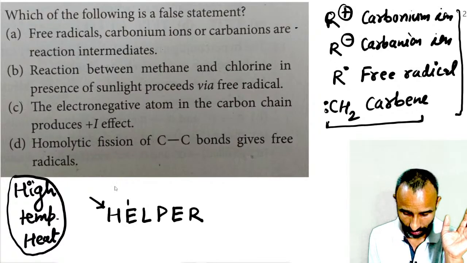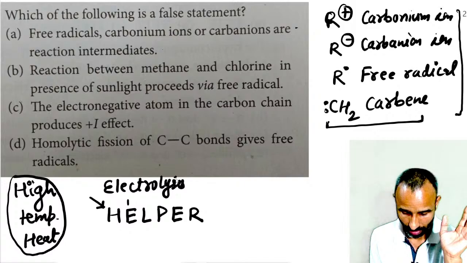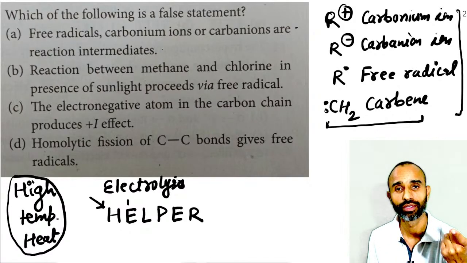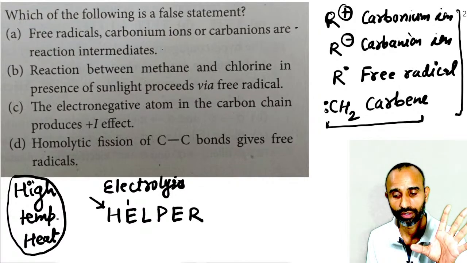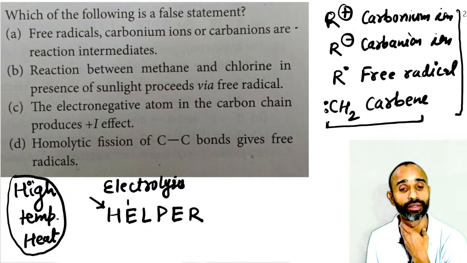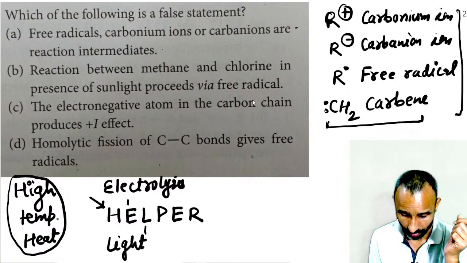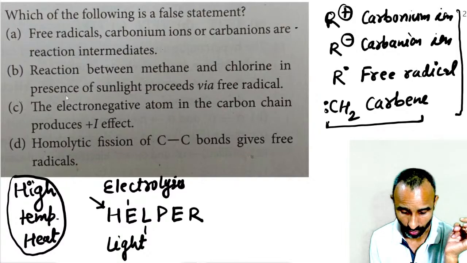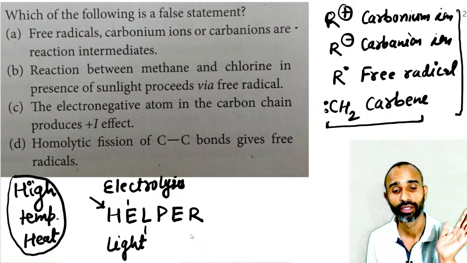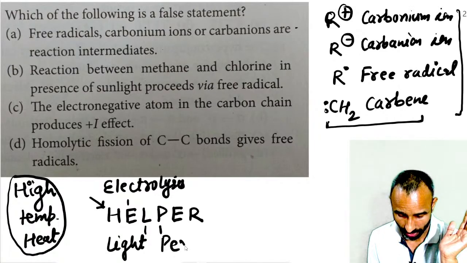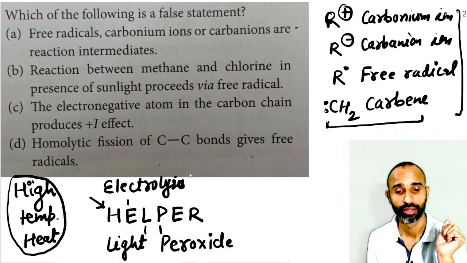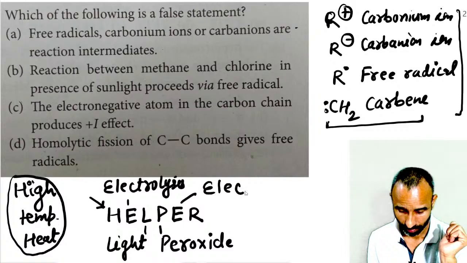Electrolysis: any reaction which takes place by electrolysis, where electricity is used, is also free radical. Then any reaction in which light is used; see, it is written methane and chlorine in the presence of sunlight. Any reaction in which peroxide is used, like anti-Markovnikov.